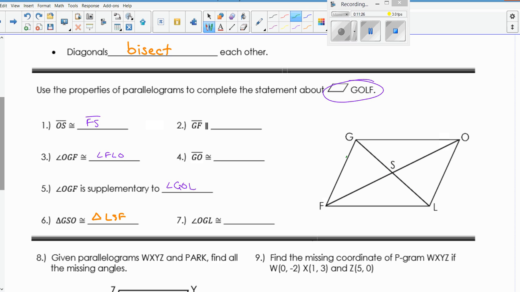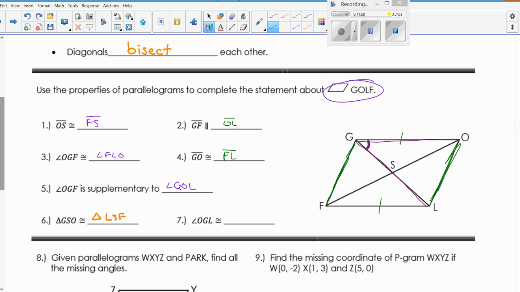Okay. This segment right here is parallel to this segment over here. GO, this segment, is congruent to its opposite side, FL. Angle OGL, which is this angle right here. Okay, remember that OGL means that if you follow the sides, you'd be like this, which then means this angle.